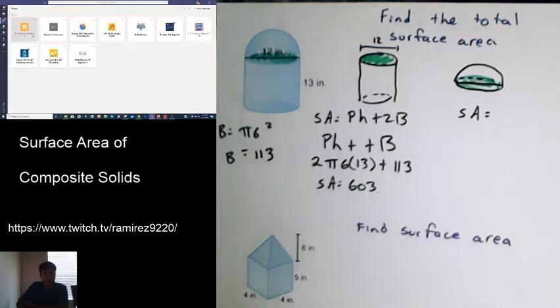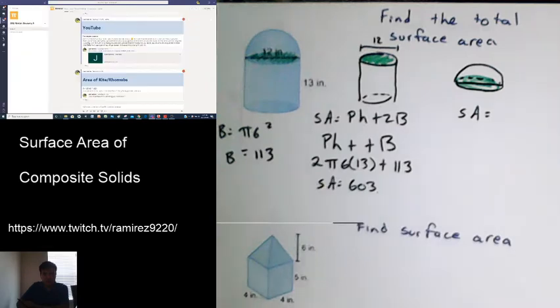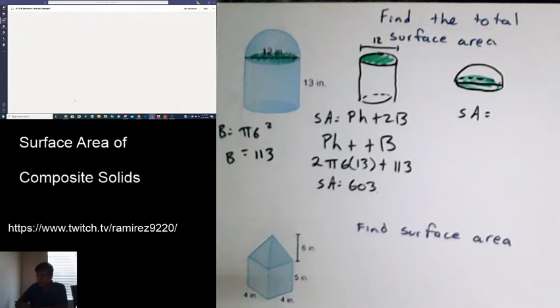To access our formula sheet, you just go to the geometry one, go to files, and it's the one called A-star geometry formula chart. Or you could always Google the formula. So the surface area of a sphere is 4 pi r squared.